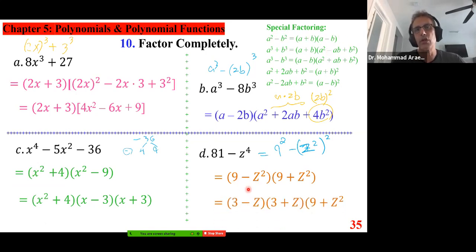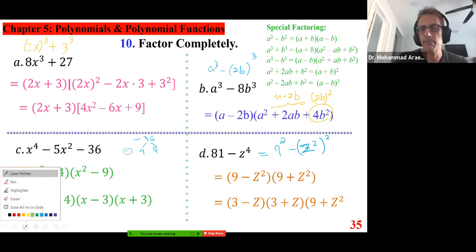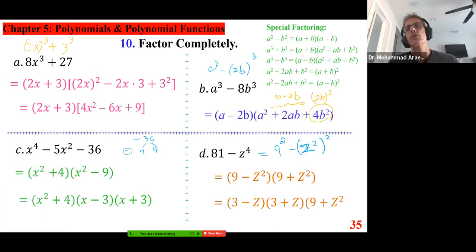And the last one is unchanged, class. I want you to know that the last one does not change. Okay, so the last one remains intact. It's extremely important to see that. Okay, so having said that, we are ready for the next set of examples.